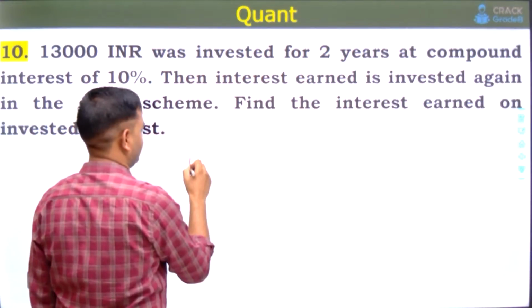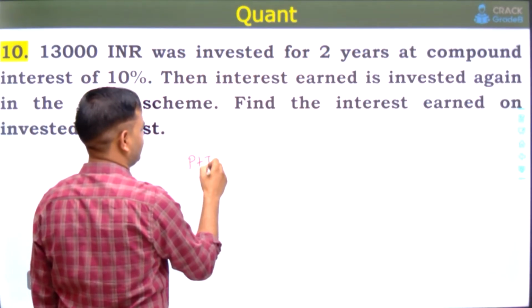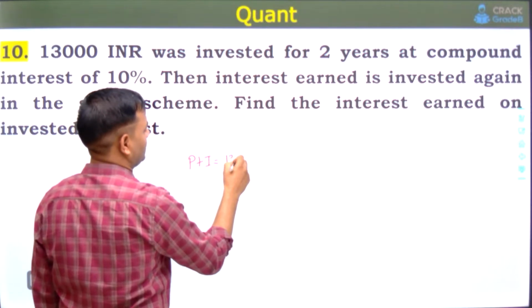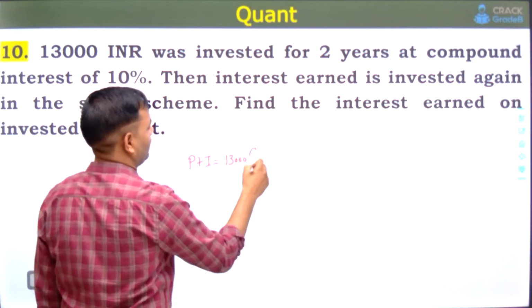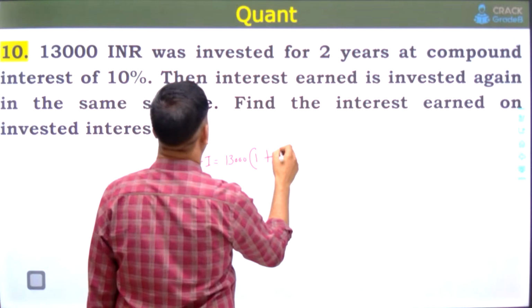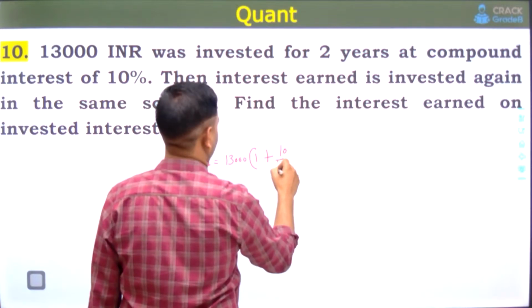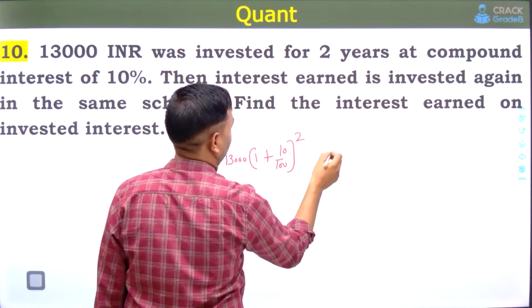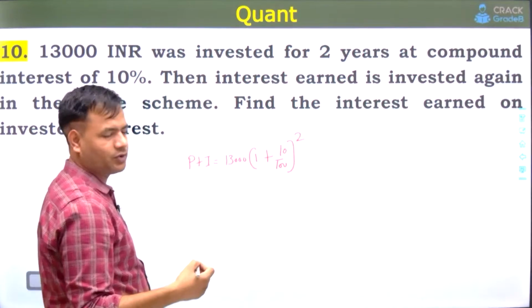13,000 you have invested, so principal plus interest will be equal to 13,000. 1 plus interest rate is 10 by, this is the formula, and invested for 2 years and again invested for 2 years.